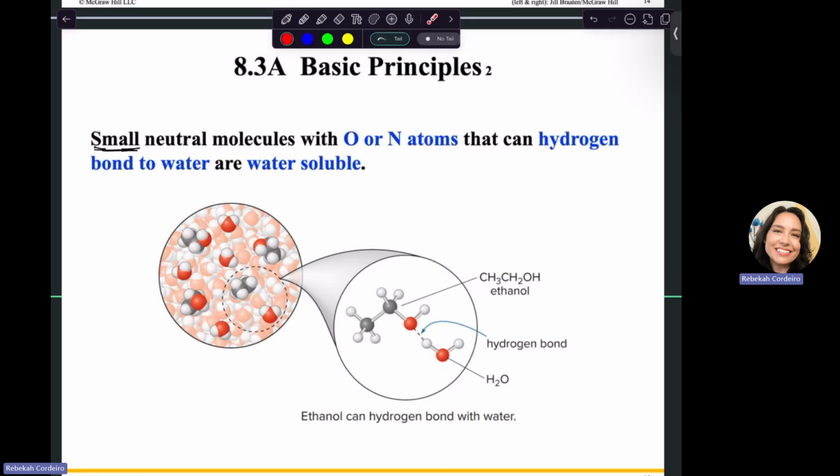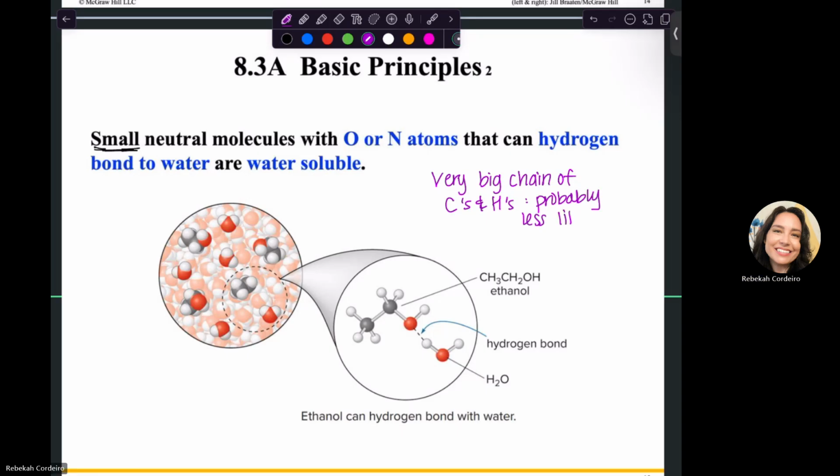If you get really big, with a very big chain of C's and H's, it's probably less likely to dissolve in water.